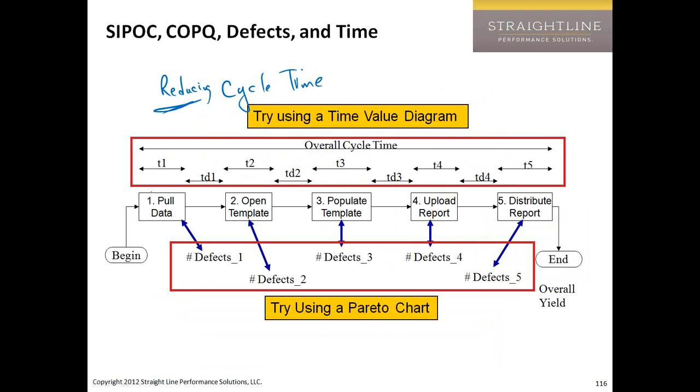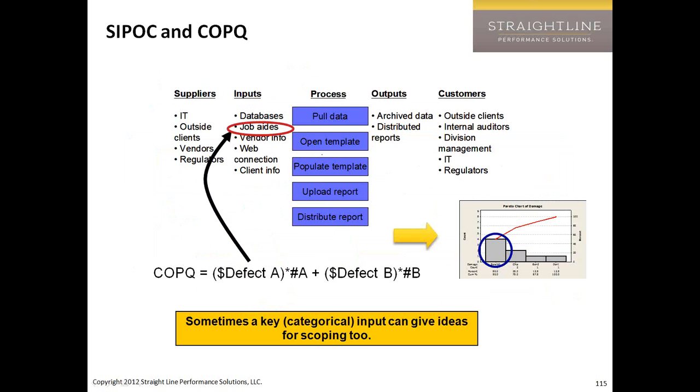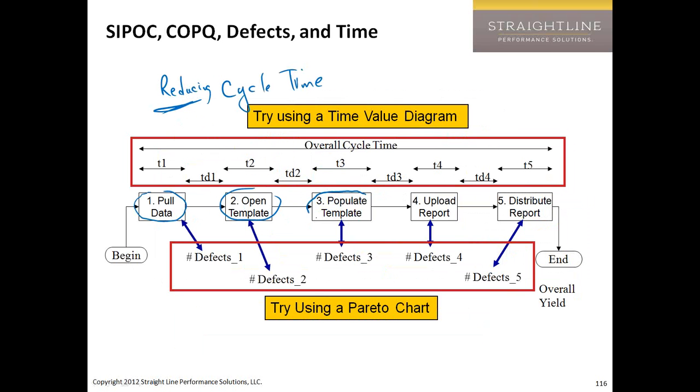If we think about this middle part here, this is the P in the SIPOC, just to show you that that's what it is. Pull data, open the template, populate the template, upload report, distribute report, and it's put in a high-level process view. Like I said, I love this view because it shows me at each of these places I can measure defects or quality level, right, which is the flip side of defects, or I can measure time.